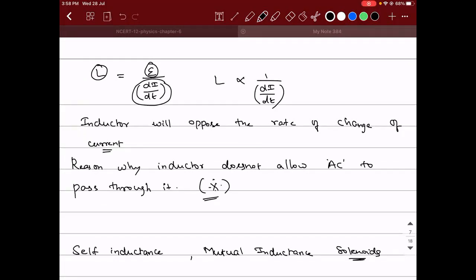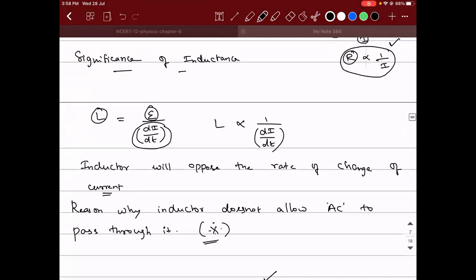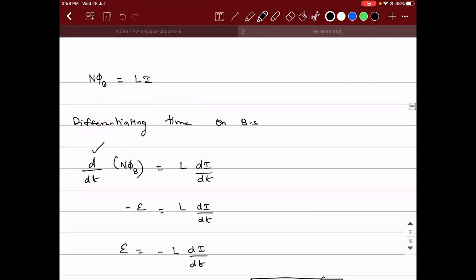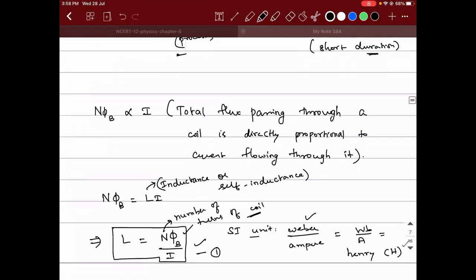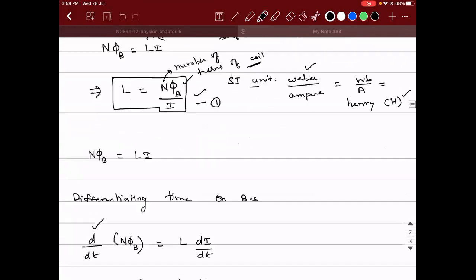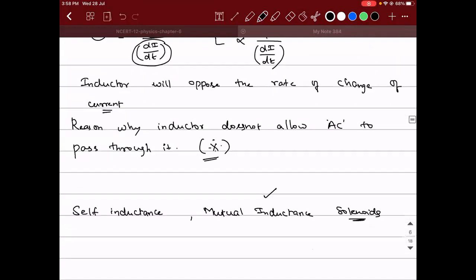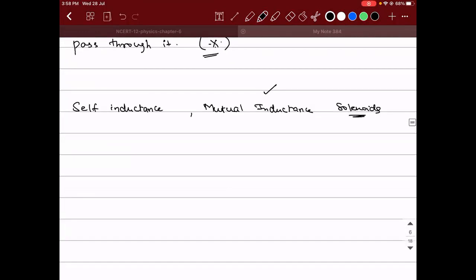Maximum by next Tuesday, this chapter will be over, or maximum by Wednesday. Next week, this chapter will be over. Then we can go to alternating currents. Clear, guys? So I suggest you all go through this before the next class so that you will have a continuity of it. Okay, I hope you guys made a note of all these points. Yes. Right? Okay, then. I'll see you guys in the next class.